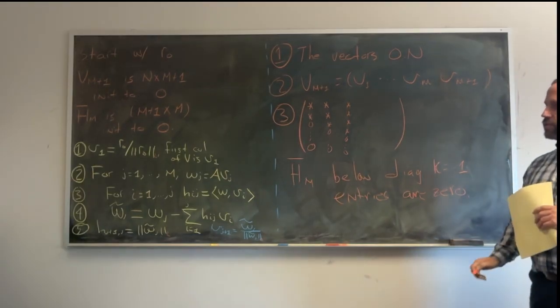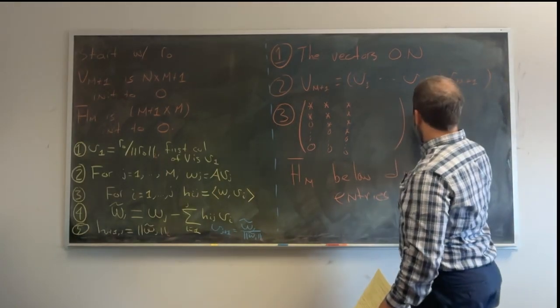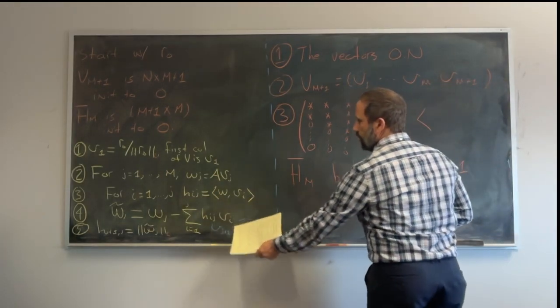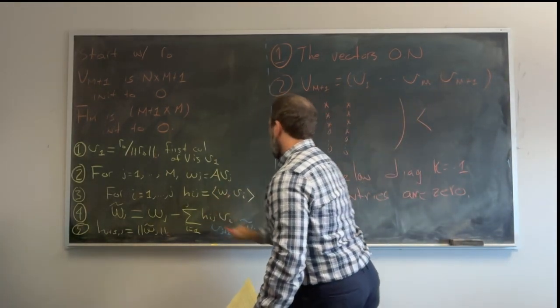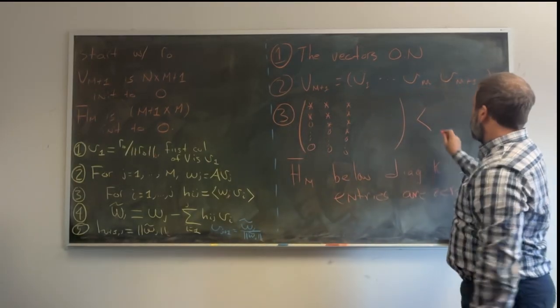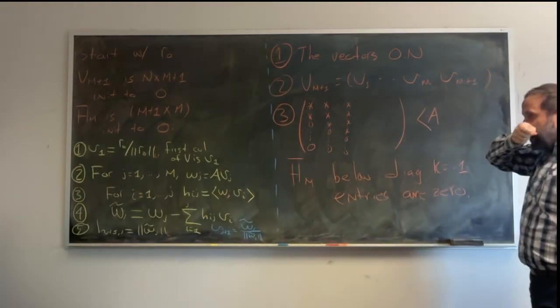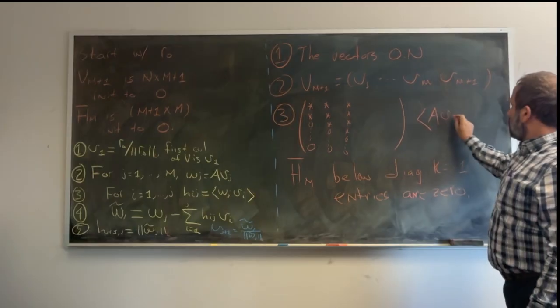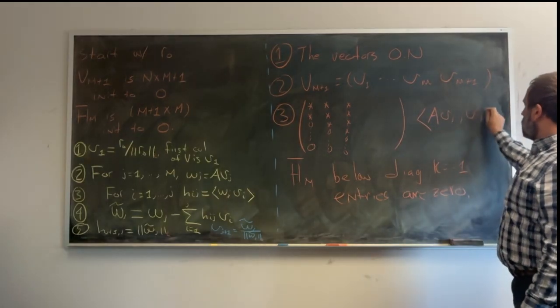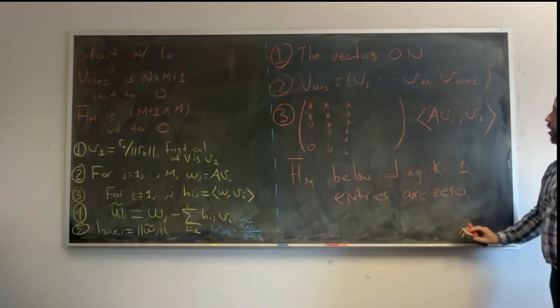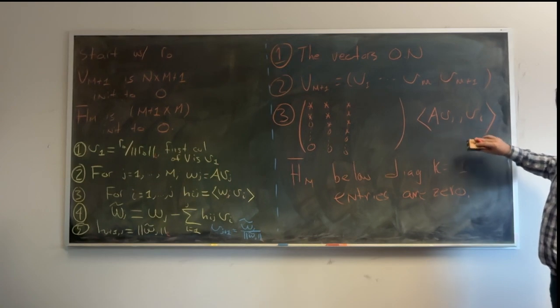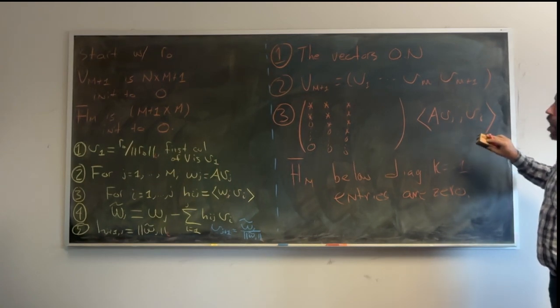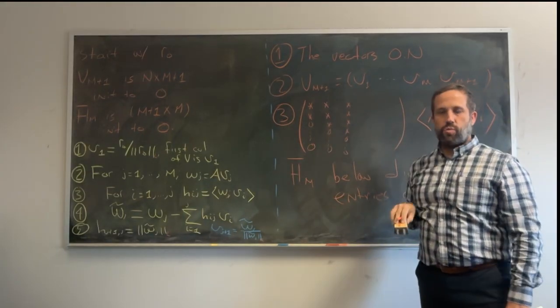But notice what the entries of this are. What is w? There should be wj here. What is wj? It's A vj. So the entries of the matrix are going to be equal to the inner product of A vj with vi. But all this is just the representation of the matrix according to the basis for V m plus 1.